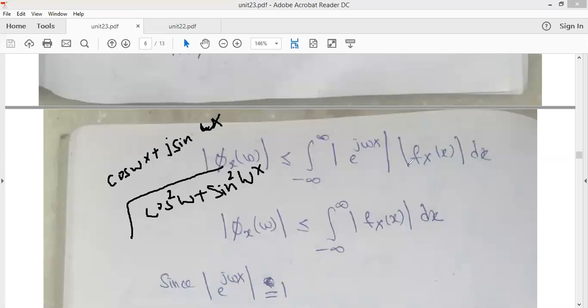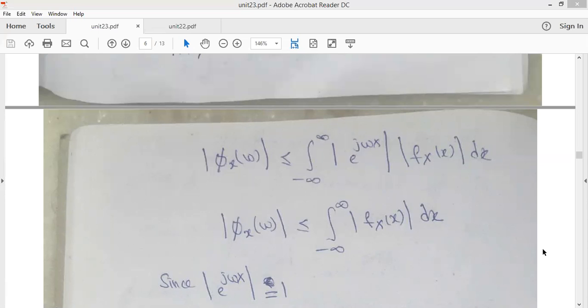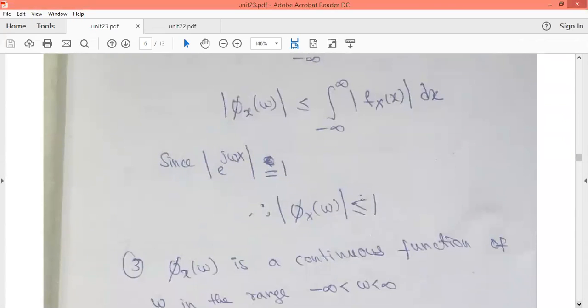Now we have the integral from minus infinity to plus infinity of mod fx of x dx. This gives the area under the probability density function, and this value will always be 1. So mod phi x of omega will be less than or equal to 1.